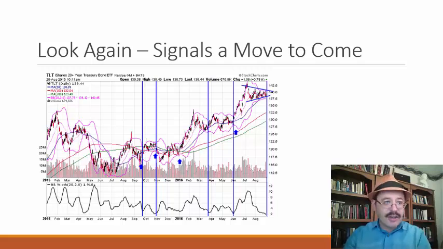So if you look at this chart closely, you can see the Bollinger Band width indicator, which is measuring the width between the two bands. When it gets low, that means the bands are being compressed. And I've highlighted on this chart key moments on this TLT ETF where that's happened.